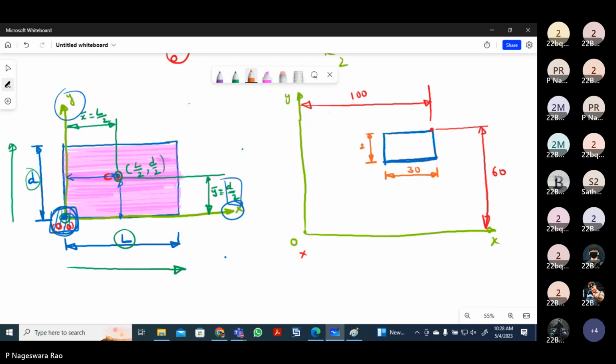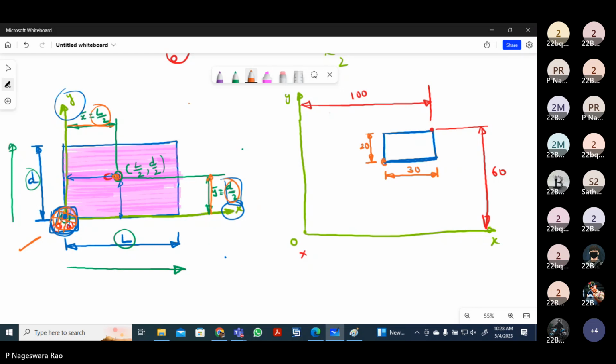As per this formula, if the origin is here, then the centroid lies here. In the x direction, it will be half of that length, and in the y direction, half of that length. So now I am marking here as per the standard formula.